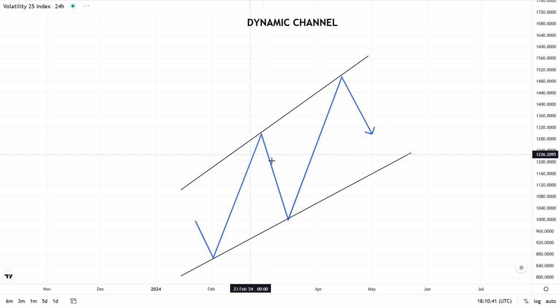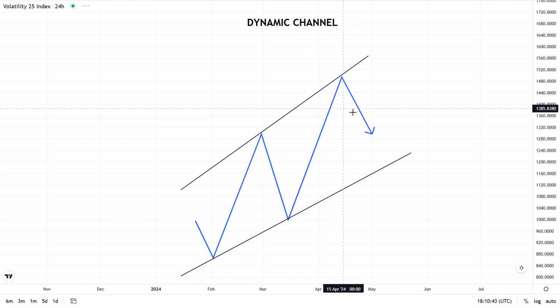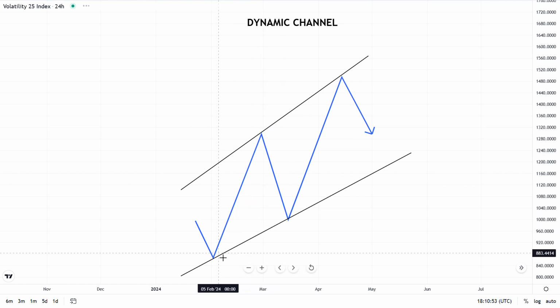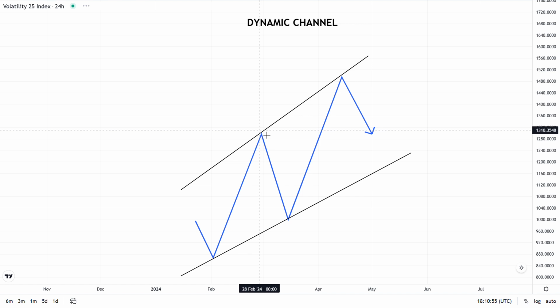I'm going to be using an uptrend dynamic channel for this example. First of all, it's made up of key levels, like 4 points, but you're focused on the dynamic resistance and the dynamic support. You get it? It has to have two touches on the dynamic resistance and two touches on the dynamic support.